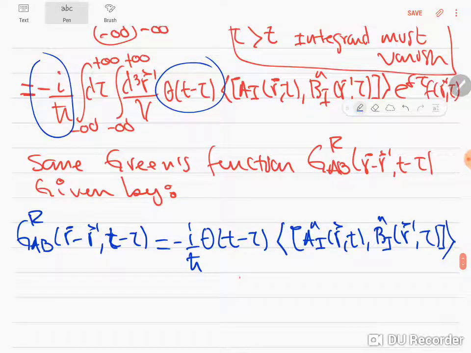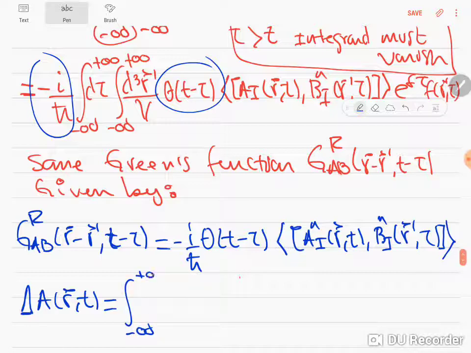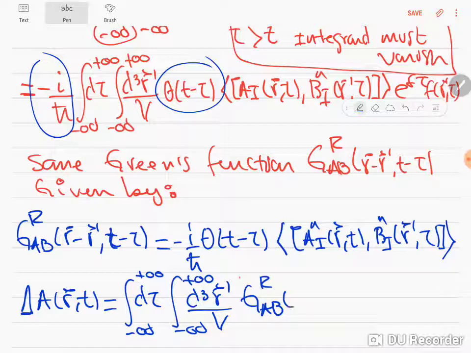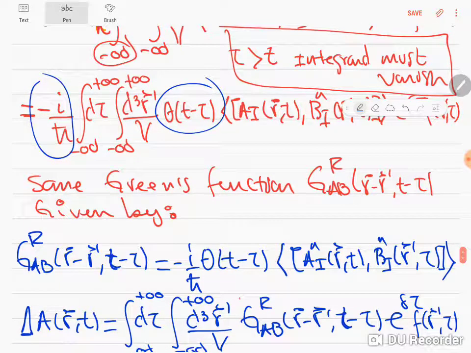So now this will give me the following expression for the response, δA of r, t, equal to the integral from minus infinity to infinity of dτ, integral from minus infinity to plus infinity of d³r′ over V of the Green's function G_AB retarded of r minus r′, t minus τ, times e^(δτ) f of r′, τ, where this f is just the sensitivity function to the excitation associated with operator B in the perturbation Hamiltonian.